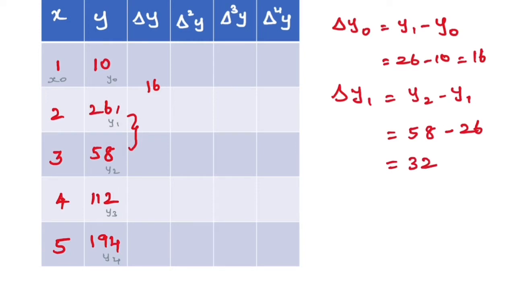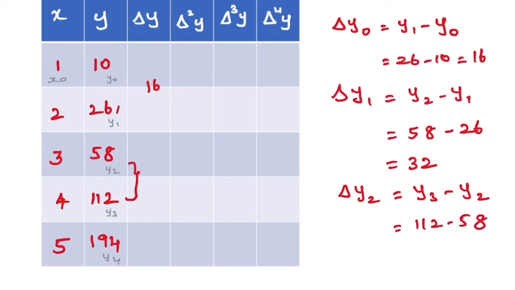Similarly, the other values: delta y2 is equal to y3 minus y2, the difference between y3 and y2. So 112 minus 58, which is equal to 54.